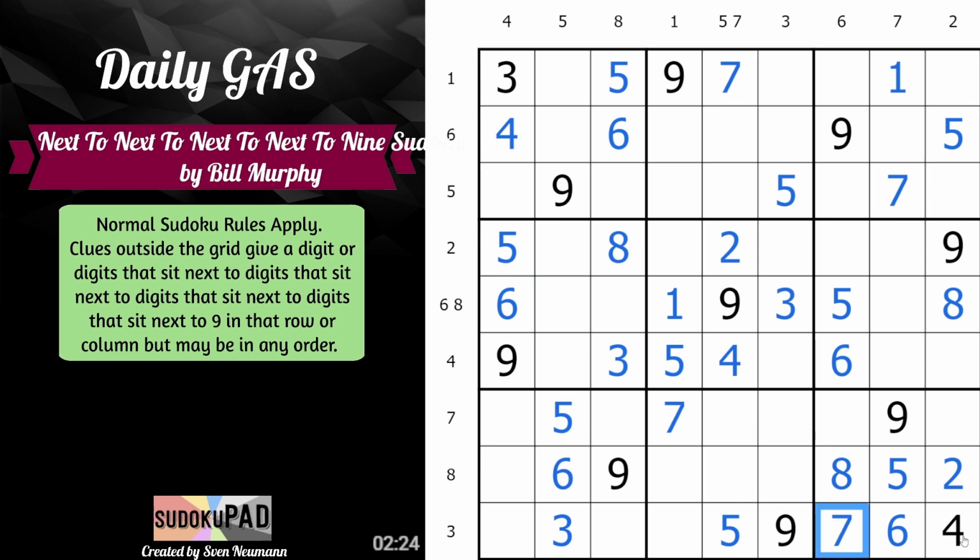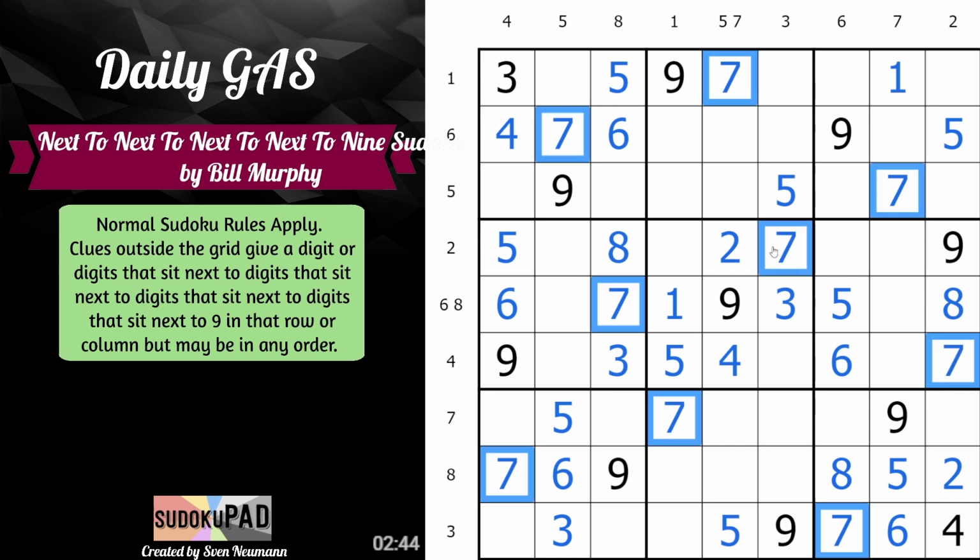What do we still need here? 1 and 3. I don't really see what that does. Let's go back to 7s. 7 gives us 7. We get 7 here, 7 here, 7 here and here. That's all of our 7s.